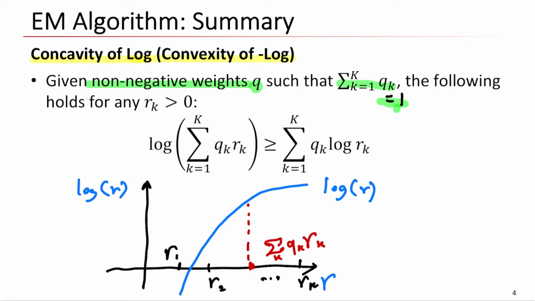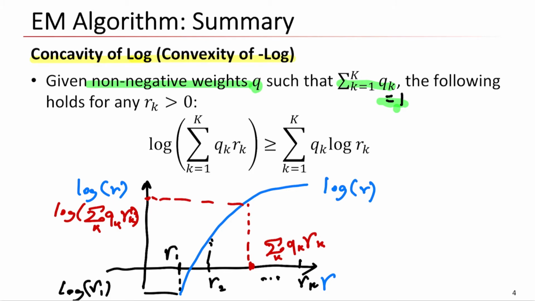Then the log of this sum, right? And what is just log R1 here, and log R2 is here, right? Then what is the linear summation of the log R1 through the log RK?